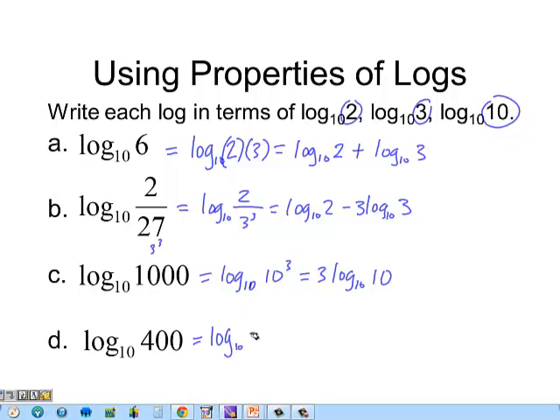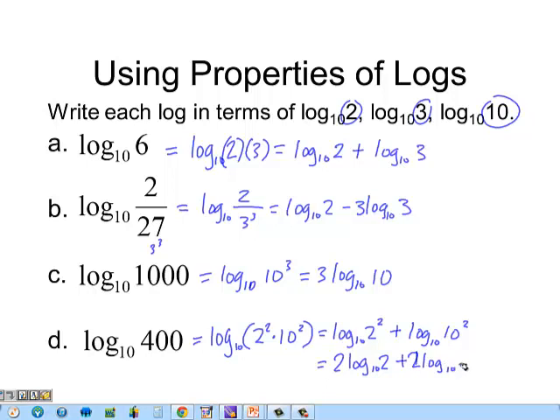I think this will be 2 squared times 10 squared, which would be log base 10 of 2 to the second power plus log base 10 of 10 to the second power, moving the 2's to the front, changing exponent into a coefficient. Like that. Okay, great.